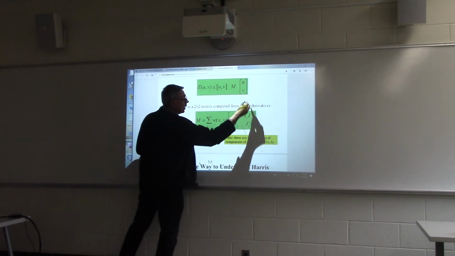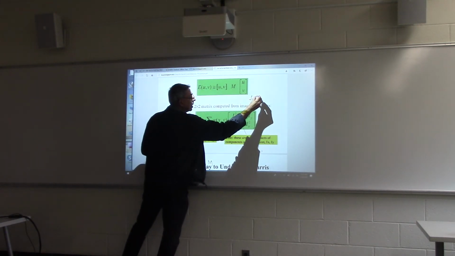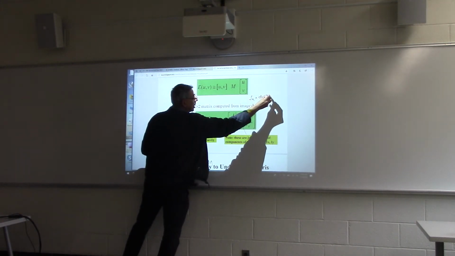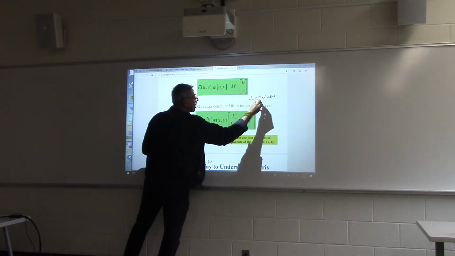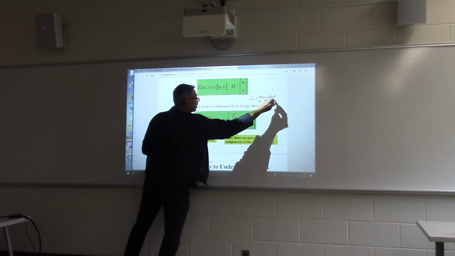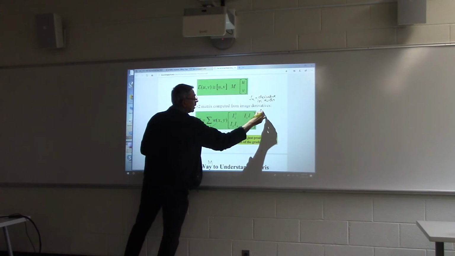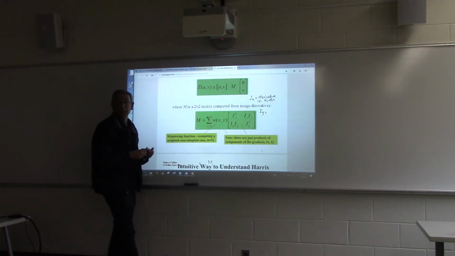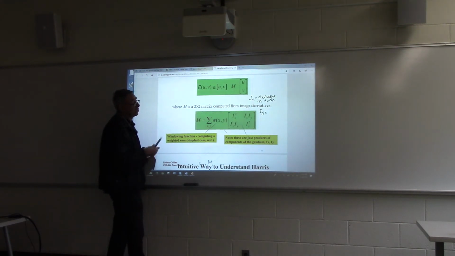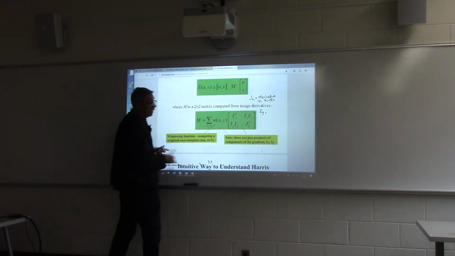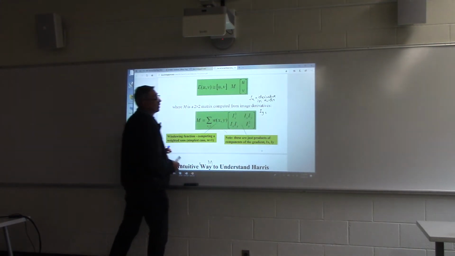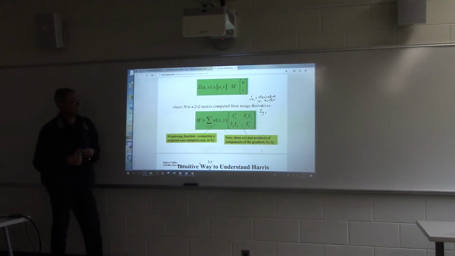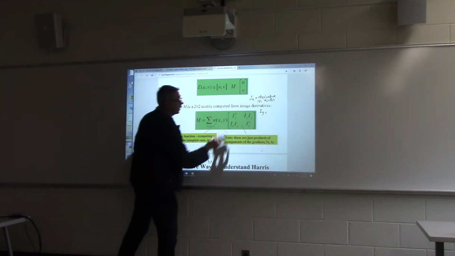What is Iy? Ix is the derivative of the image in the x direction. Once again, we apply the Sobel kernel to the image to obtain Ix, and we apply the Sobel kernel for the y direction to obtain Iy. Then we can easily compute this particular matrix over here.